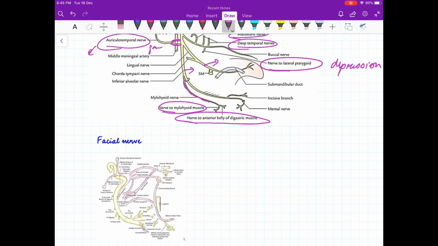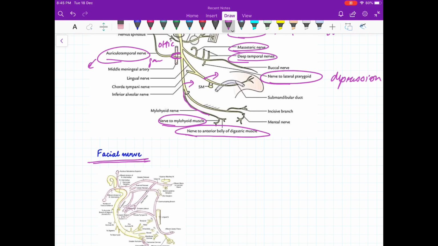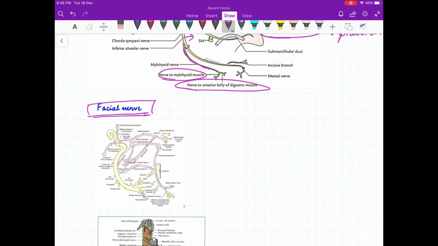Okay friends, this was in brief about the mandibular nerve. Now facial nerve. We will discuss the important branches. The first branch from the geniculate ganglion is the greater petrosal nerve.